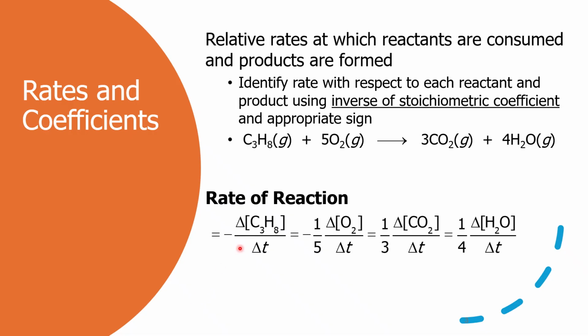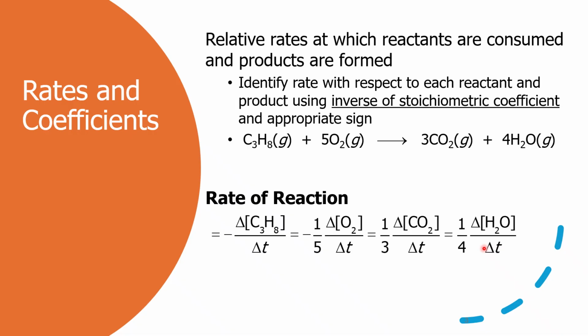The stoichiometric coefficient is 1, so it basically drops out. This is going to be equal to the negative 1/5 of the change in the oxygen concentration over time, which in turn is equal to 1/3 of the change in CO2 over time, which is in turn equal to 1/4 of the H2O over time.